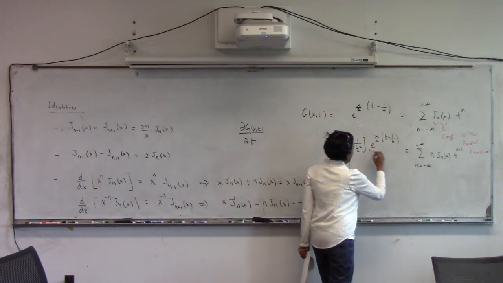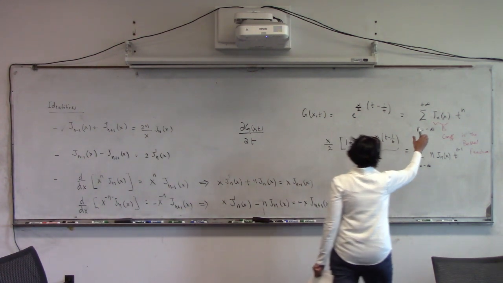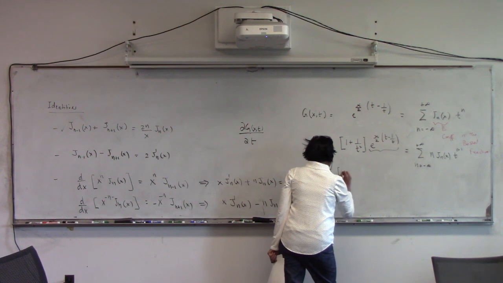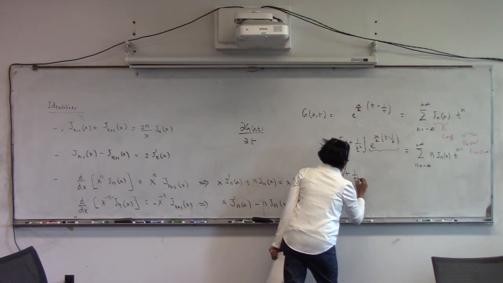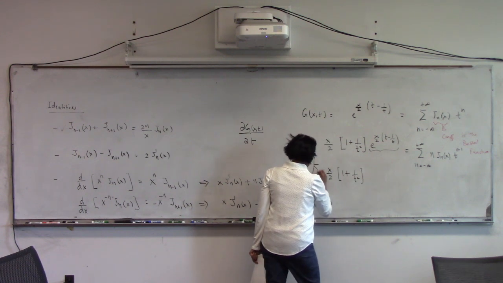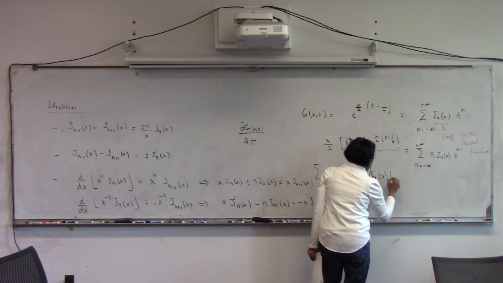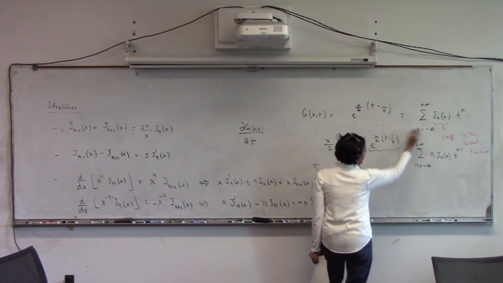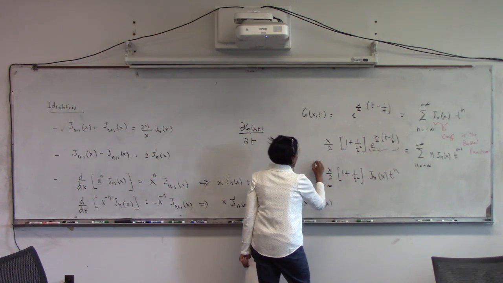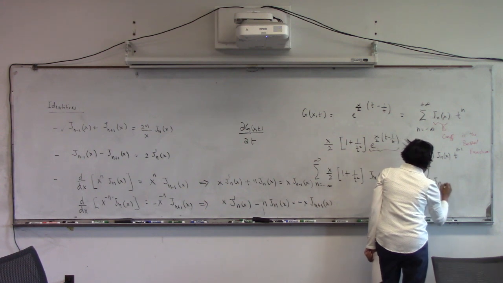So what is this? This is the same as this infinite series, right? So I can write it as x over 2, 1 plus 1 over t squared, summation J_n(x) t to the power n, because that's what that is, right? And n going from minus infinity to plus infinity of n J_n(x).